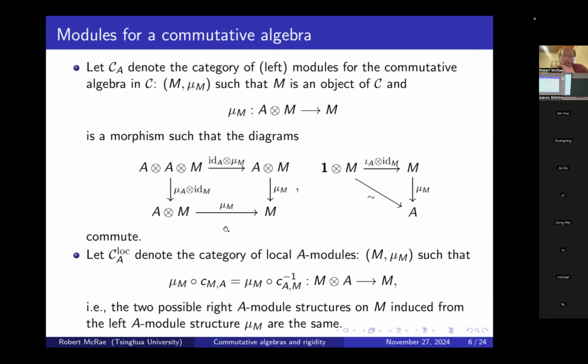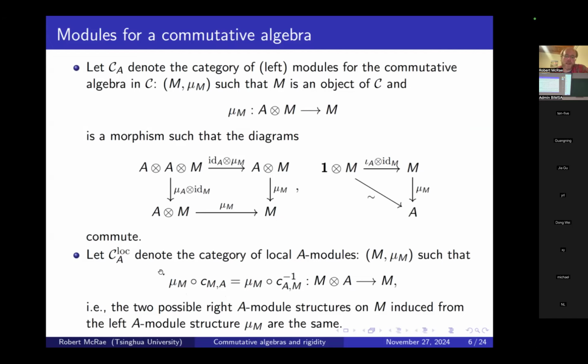And then we don't have a symmetric braiding in this category, which means that the commutativity isomorphism for the module M and the algebra A is not necessarily the same as its inverse. So if I start with a left module, I can define a right module structure on M in two different ways, one using the braiding and one using the inverse braiding.